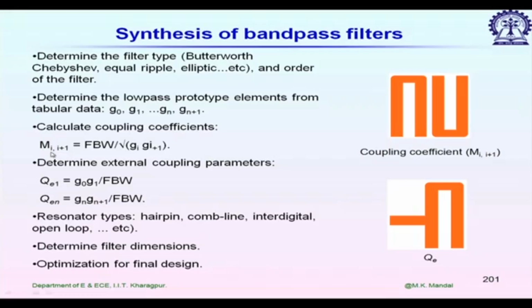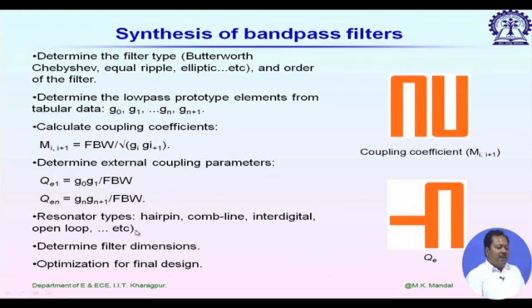Then calculate the coupling coefficient. You have to determine the number of resonators from the order of the filter, and then the required coupling coefficients, that means you basically have to synthesize the coupling matrix. So M I and I plus 1 is already defined, we discussed previously. Then determine the external coupling parameters and choose the type of resonators.